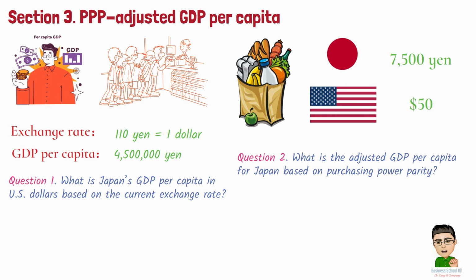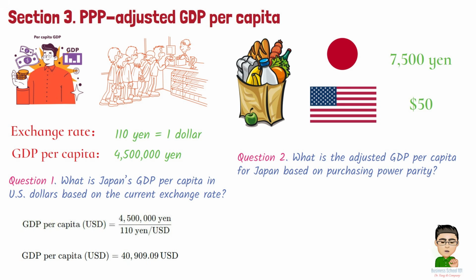To answer the first question, we need to divide Japan's GDP per capita by the current exchange rate, so Japan's GDP per capita based on the current exchange rate is approximately $40,909. The second question asks the adjusted GDP per capita for Japan based on purchasing power parity, so we need to first calculate the PPP exchange rate, which is to divide the price of groceries in Japanese yen by the price in US dollars.